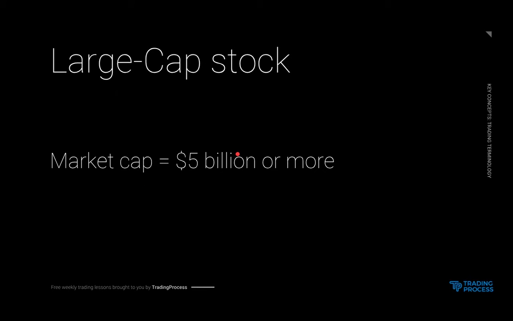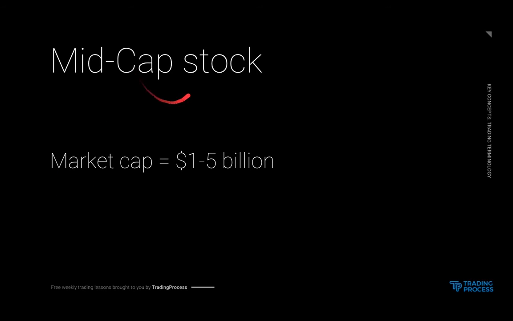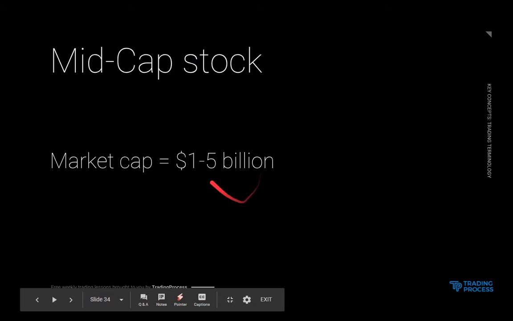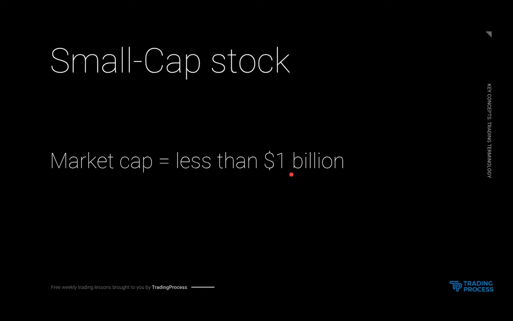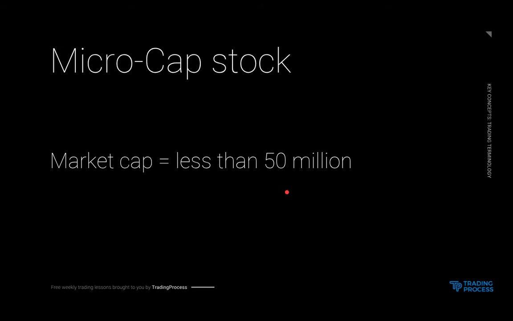If the result is 5 billion or more, this stock is called a large cap stock. A medium cap stock is a stock which has a market cap of 1 to 5 billion. A small cap stock is a stock that is less than 1 billion, and a micro cap is less than $50 million.